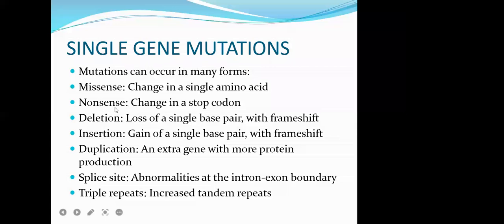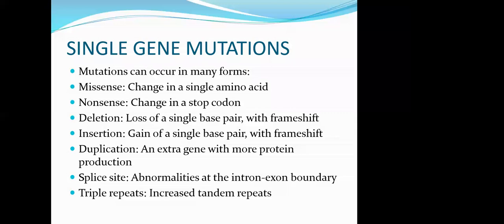A nonsense mutation is a change in a stop codon. So amongst these three base pairs, there are certain forms that read stop. If you change one of these codons, then there is endless production of this protein. This change is referred to as a nonsense mutation.